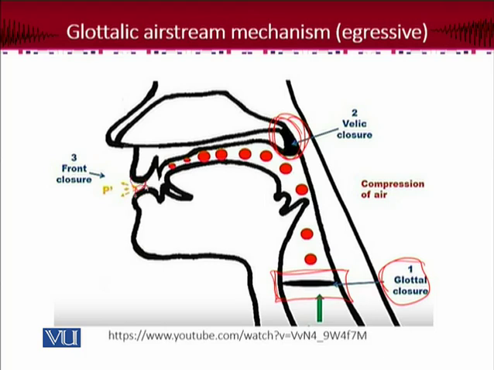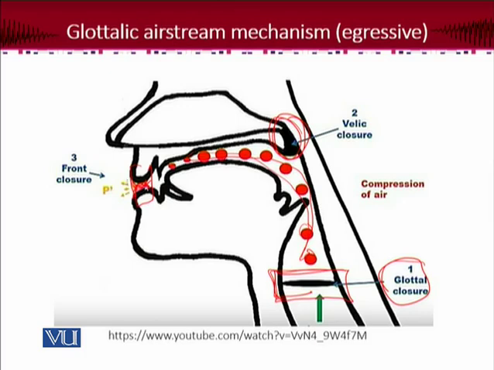For the time being, I'm just marking this here with my marker, so just imagine that this is also closed. So these three closures are created. And then these red solid dots are actually the compression of air. So when this pressure is created of the air between the lips and the glottal stop, this compression is there, all right?